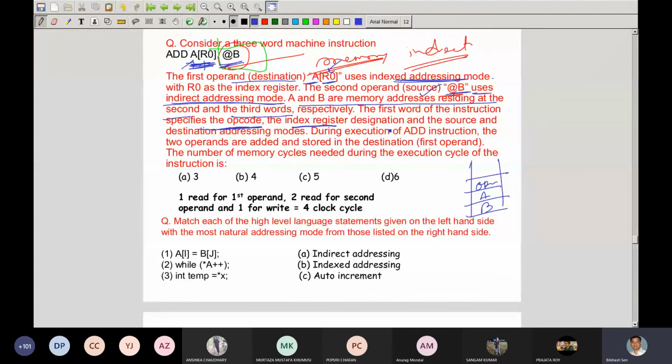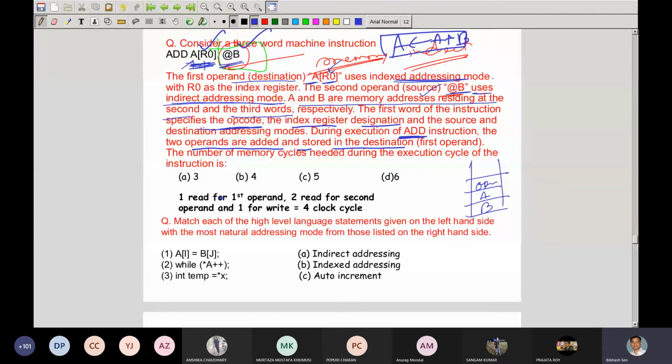The index register, destination, and the source and destination addressing modes I mentioned properly. During execution of the add instruction, the two operands are added and stored in the destination. That means you can say A plus B, I am storing in A. Are you getting my point or not?